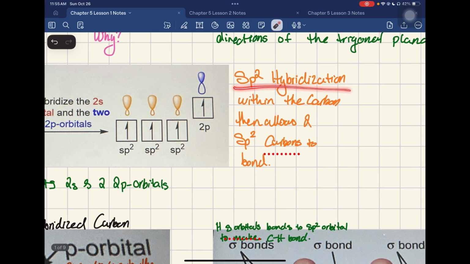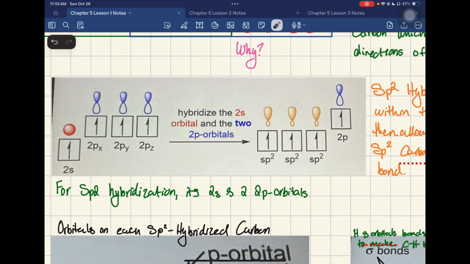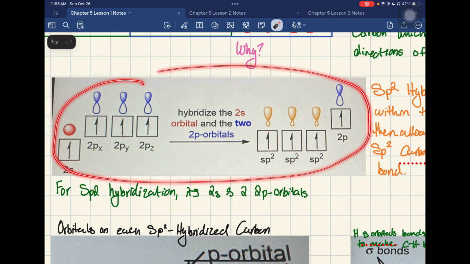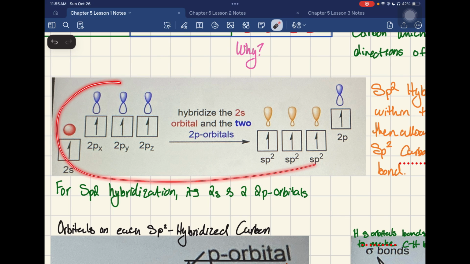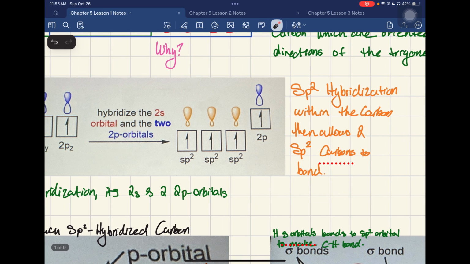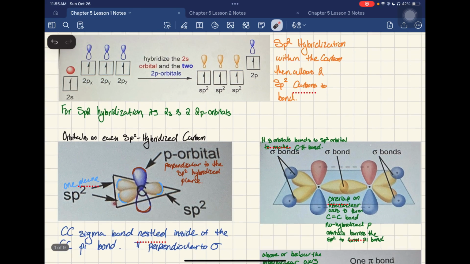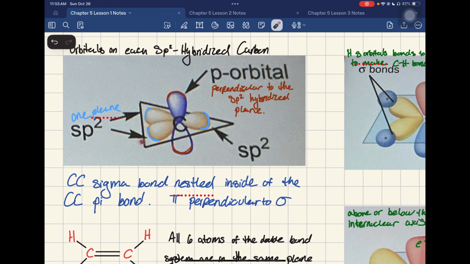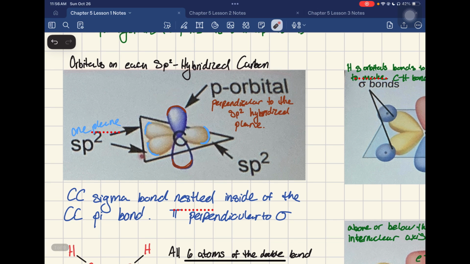So sp2 hybridization within the carbon then allows 2 sp2 carbons to bond. Important to note here is that this is the hybridization of just 1 carbon, right? Then using this hybridization, we can create a bond with another one, within 2 carbons. So right down here, this is what it's going to look like. Orbitals on each sp2 hybridized carbon.